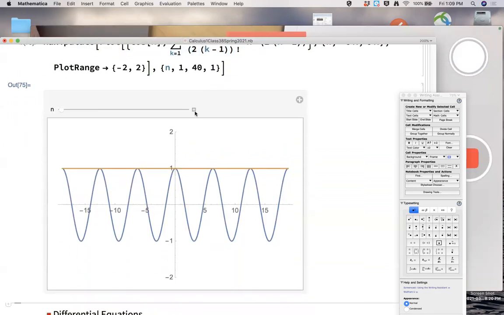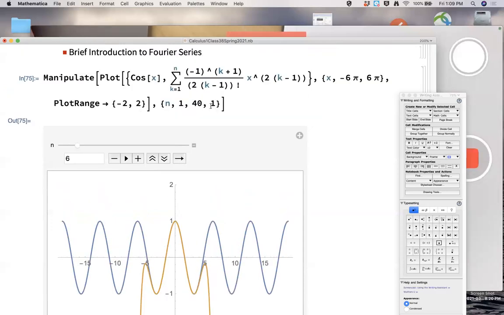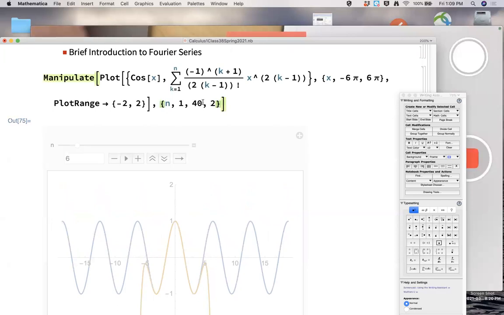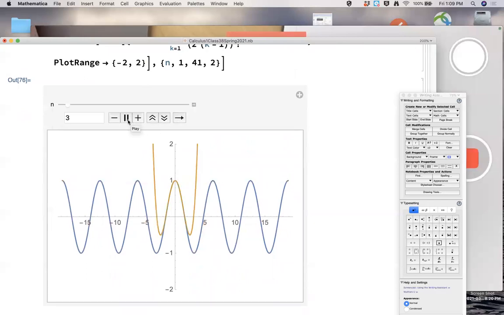Let's go faster here. And that makes the graph of the yellow function get closer and closer to the blue graph as n increases. And it's almost like it's flapping its wings. Maybe if I let this increase by 2 instead of 1 each time, it'll look more like wing flapping. No, okay. Less like wing flapping, actually.